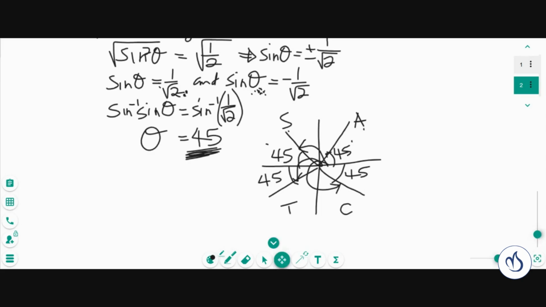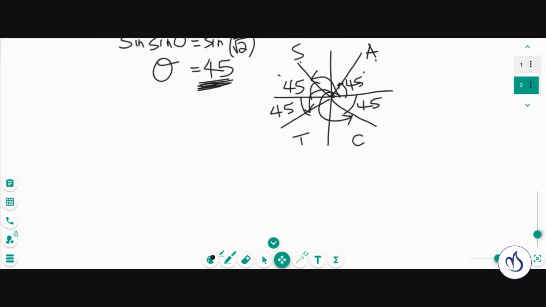All those together are my answer. Make sure they are in the range we were given of 0 to 360. So theta is, the first one, 45 degrees.